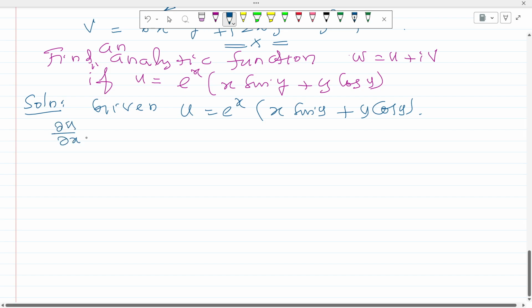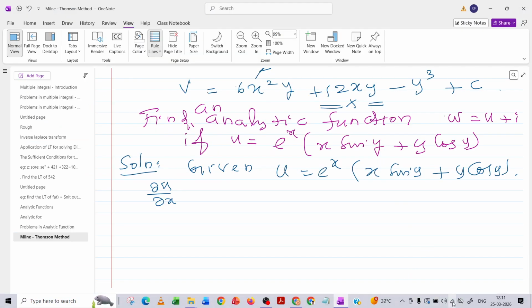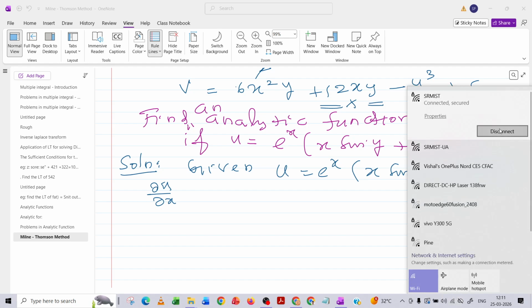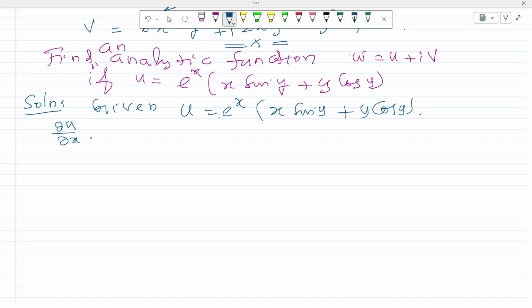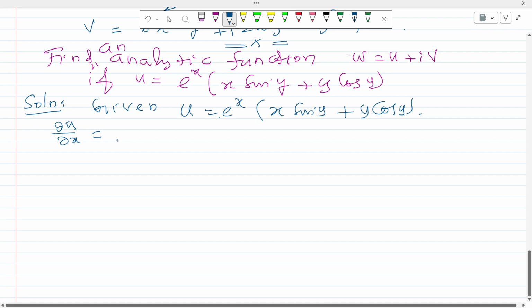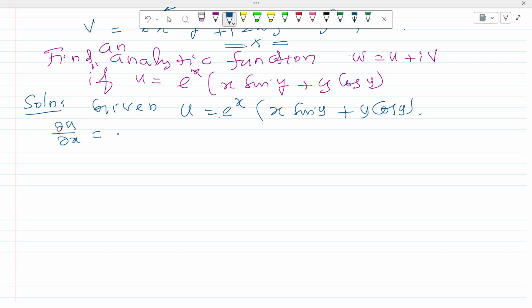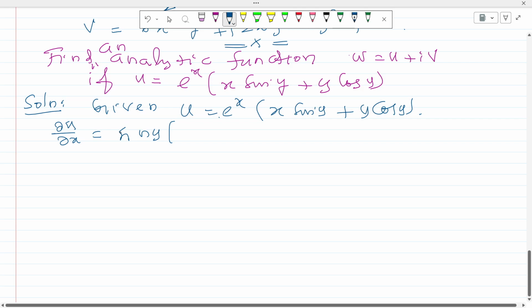Keep sin y as a constant outside, then e power x, differentiation of x is 1, plus x times the differentiation of e power x, which is e power x, plus y cos y, keep it as a constant, the differentiation of e power x is e power x.